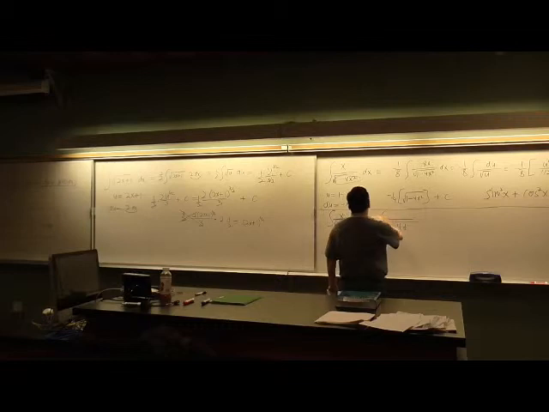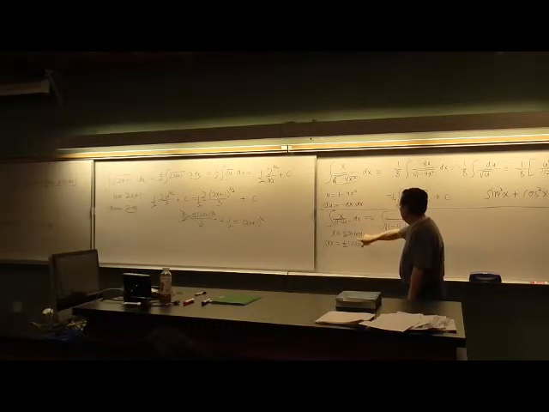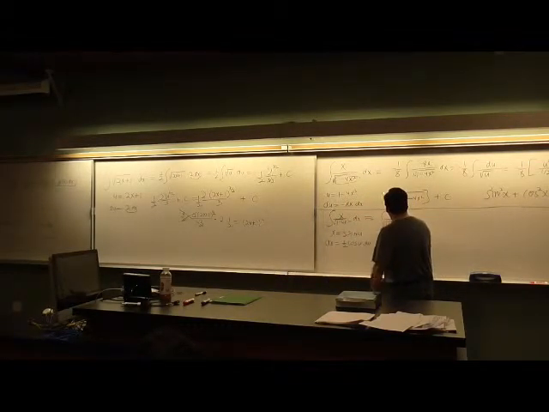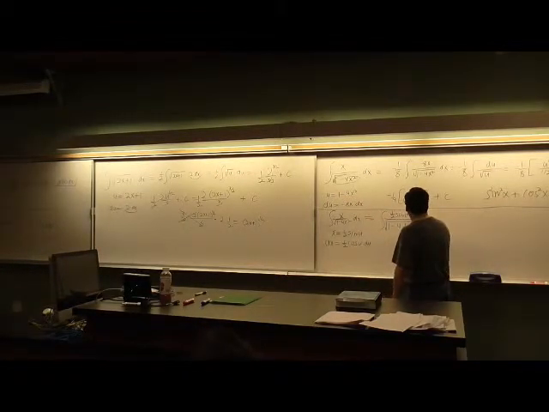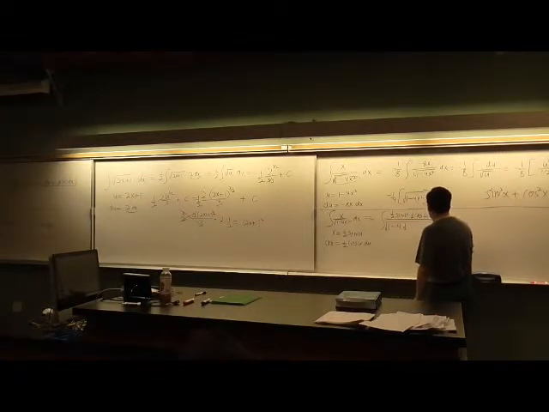Okay, so x dx, right? x is 1/2 sine of u, and dx is 1/2 cosine of u du.